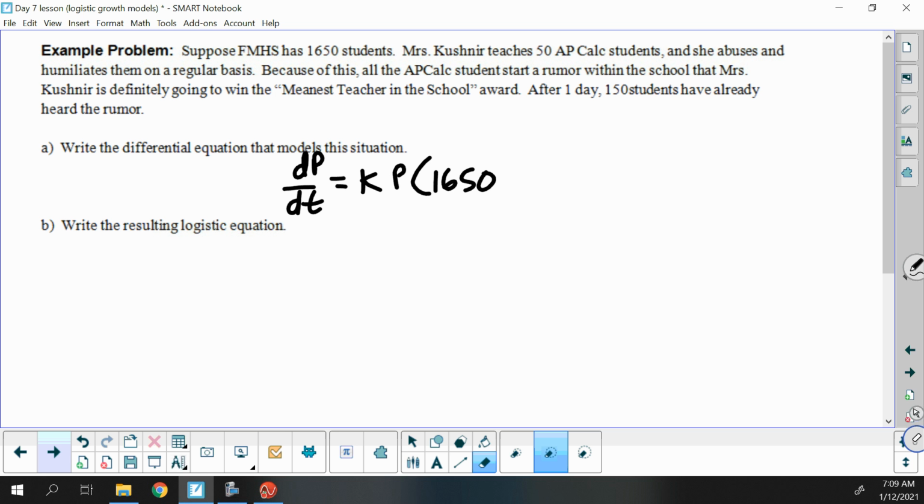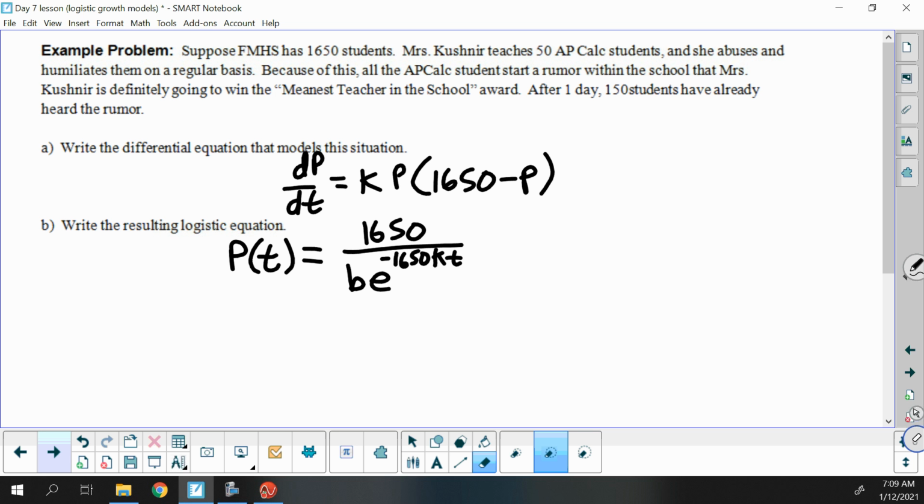There's 1,650 total students, so we can fill in that value of c. And based on what we just saw on the previous slide, our solution to that differential equation should be the carrying capacity on top over some constant little b, e, minus that carrying capacity, some constant k, t, and then plus 1.